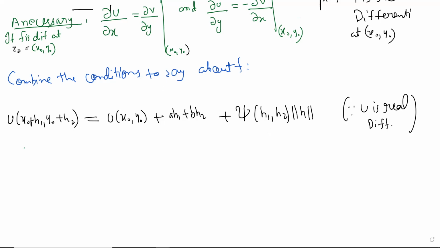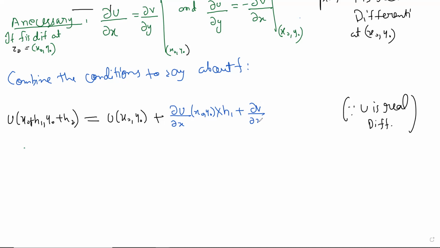We can say a more specific thing. As we had said, we can replace the a and the b. The a is just the partial derivative of u with respect to x, that is what this is. And the b is the partial derivative with respect to y. I should also be more precise and say that this is taken at (x naught, y naught), times h1, plus this times h2.